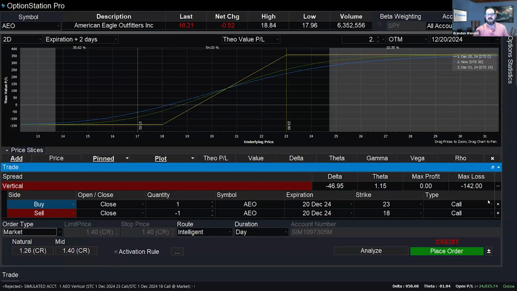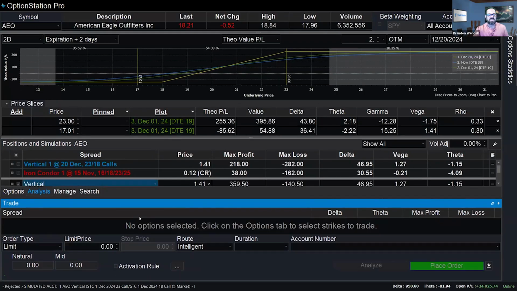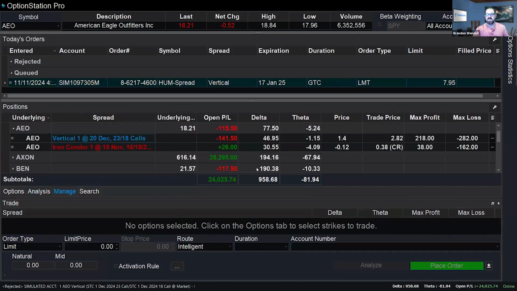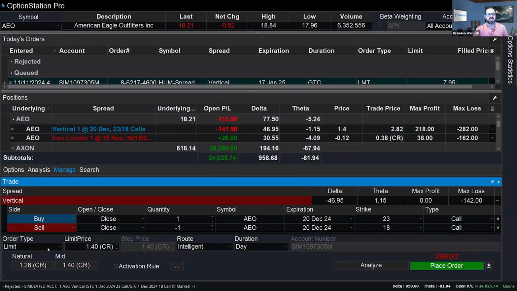Now remember, the reason why I got this order the way it is was going to the manage page, right-clicking, close this position. There it is. I go market, activation rule.